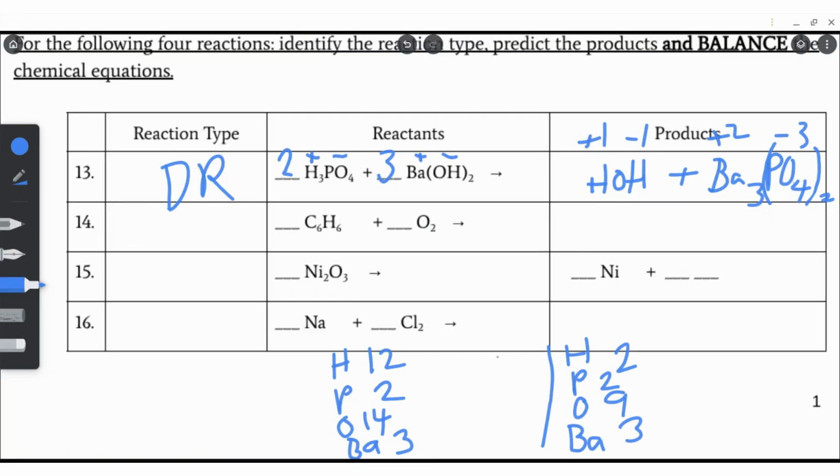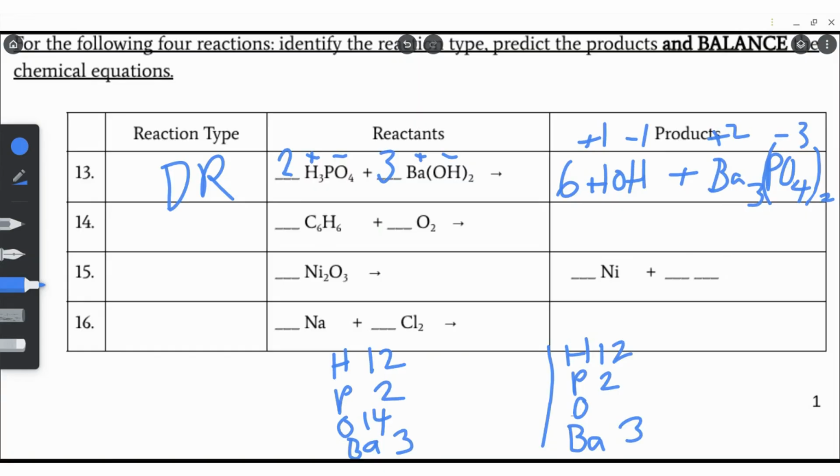Looking at this now, we have a lot more hydrogen in our reactants than in our products. So I'm going to look at this HOH right here and think, how many of these molecules am I going to need to balance out our hydrogen? The answer there is going to be 6. So let's see how that changes our hydrogen and our oxygen. Hydrogen, we now have 12, which is what our goal was.